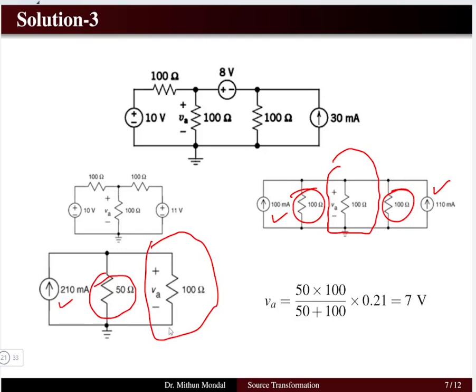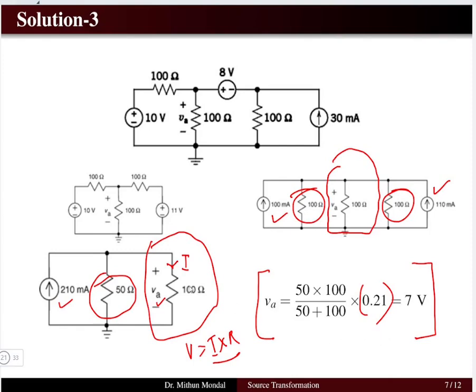I can apply the current division rule to first determine the current flowing here, and then the voltage will be equal to the current multiplied by the resistance. So I will apply current division and then Ohm's law. The source current is 0.21 ampere.